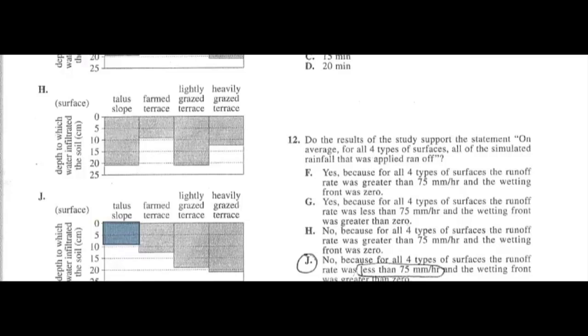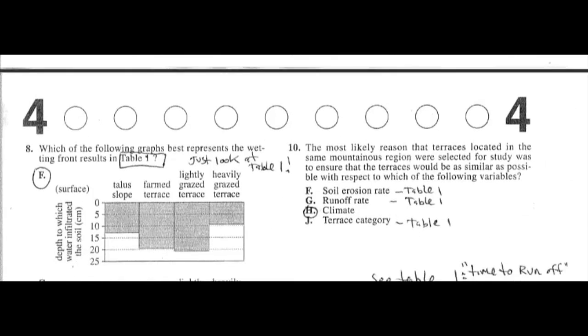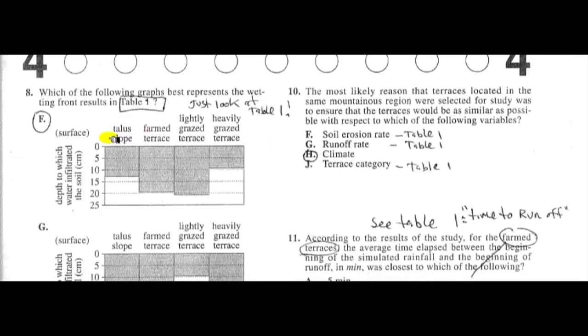Remember, all you need to do is simply look at table 1, the column that says wetting, and you will quickly see these numbers just need to be translated into the bar graph. Remember, the bar graph, even though this is upside down and slightly confusing, this is the shaded region, which means we go from 0 down to here where the unshaded region is not counted. F for problem number 8.